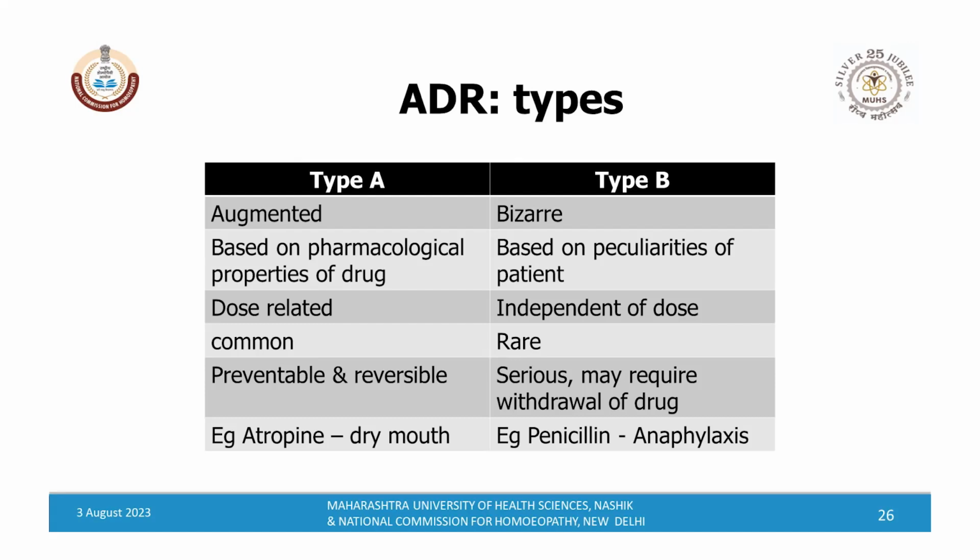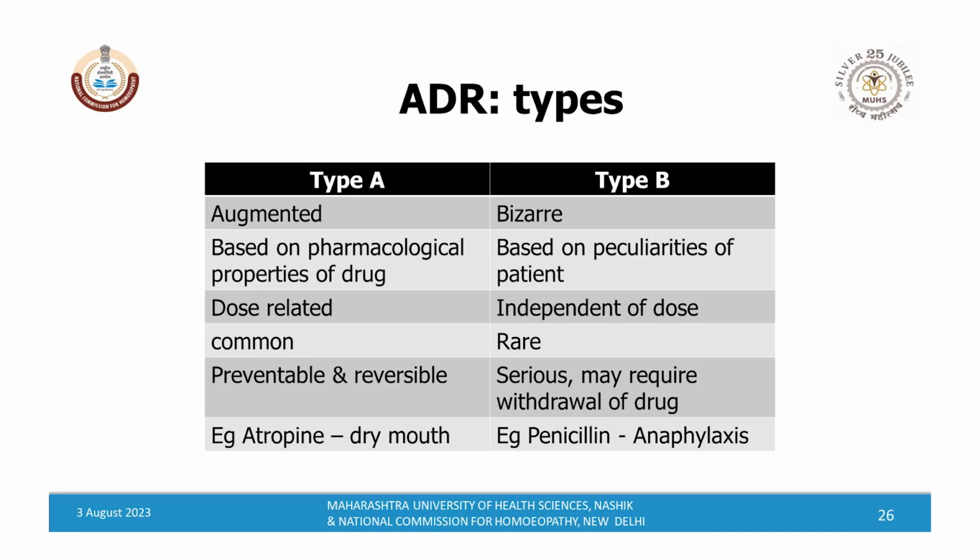Type A is dose dependent. The more the dose, the more the adverse drug reaction, and it is commonly seen. While on the other hand, type B is independent of the dose. Even a small dose can give rise to an adverse drug reaction in a particular patient. But type B reactions are relatively rare.